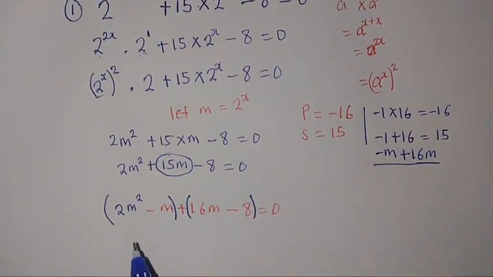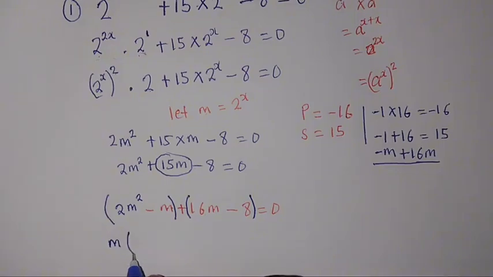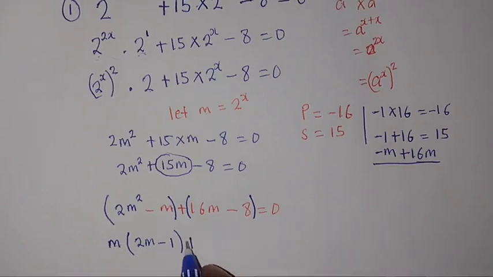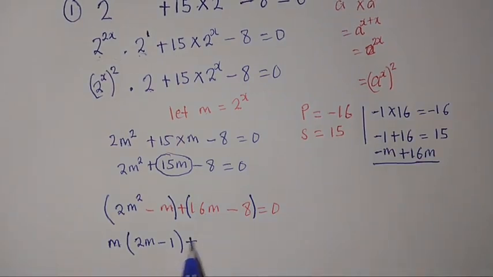In the first bracket, what is common? m is common. We can factor out m. Open bracket, m into 2m squared, we remain with 2m, minus m into m, you get a 1. Whatever you have here, even in this other bracket, you should have the same once you factorize. So you have 16m minus 8.